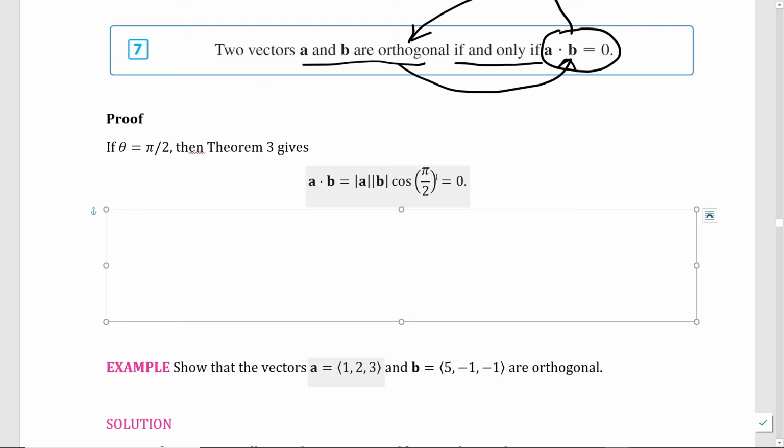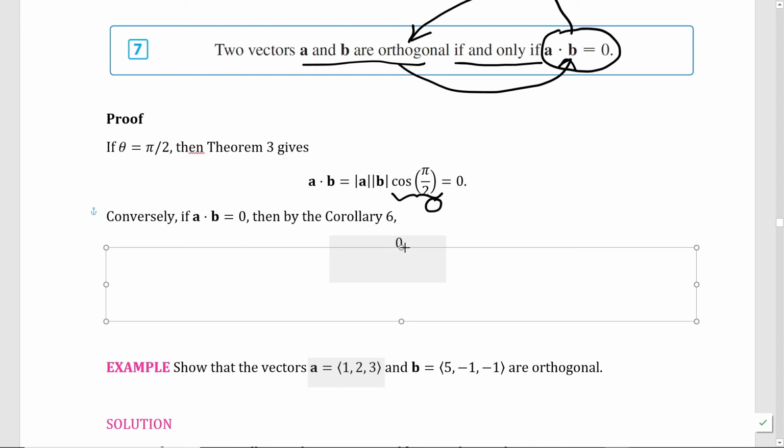Since the cosine of pi over 2 is 0, we get the entire product 0. So if two vectors are perpendicular or orthogonal, then their dot product is simply 0.